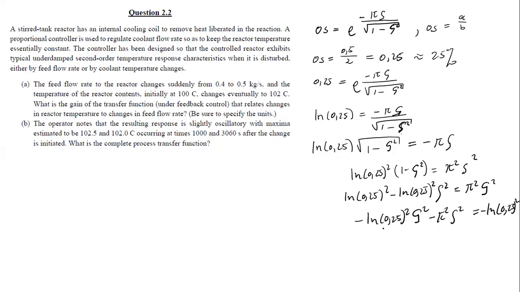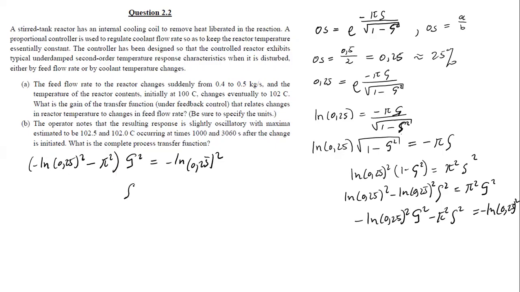Hopefully we are not making any errors. So let me take it here. We're going to have negative ln 0.25 squared minus pi squared, times the damping factor squared, which will be equal to negative ln of 0.25 squared.